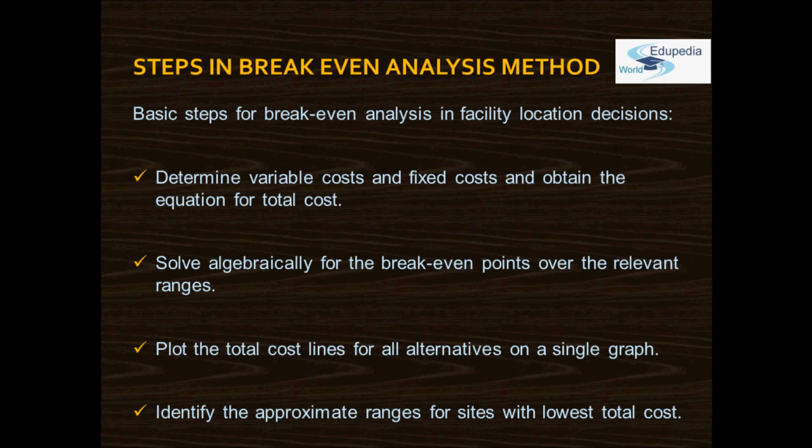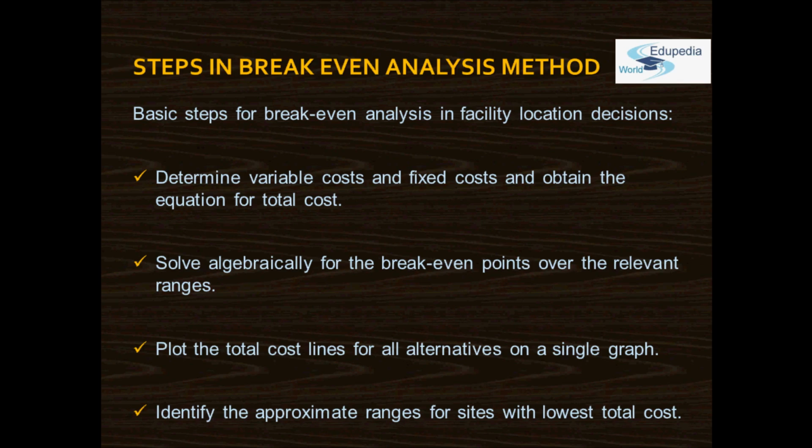There are basically 4 steps involved. The first is to determine the various types of cost, that is the fixed and the variable cost at all the different locations, and using them we'll find the equation for the total cost. Next, we will solve these equations algebraically to get the break-even points for different locations for all the alternatives.